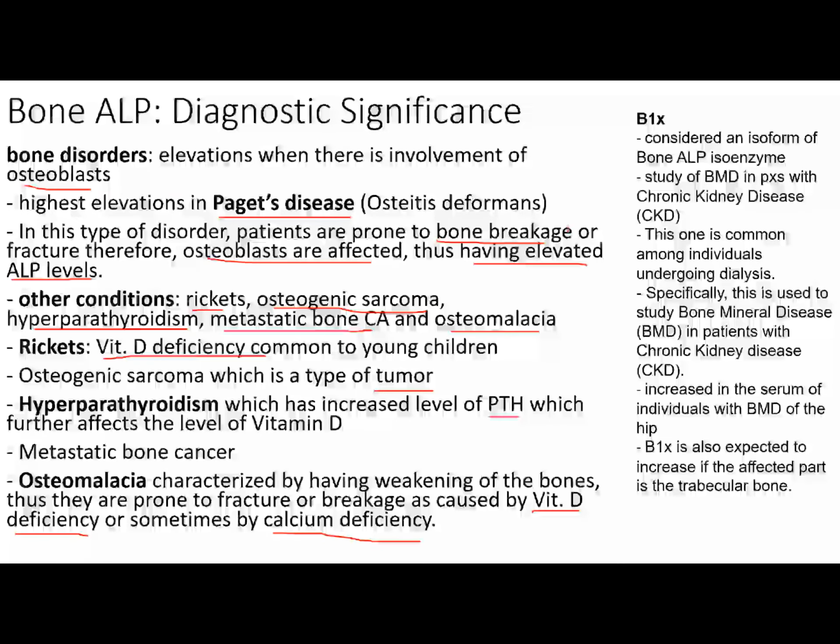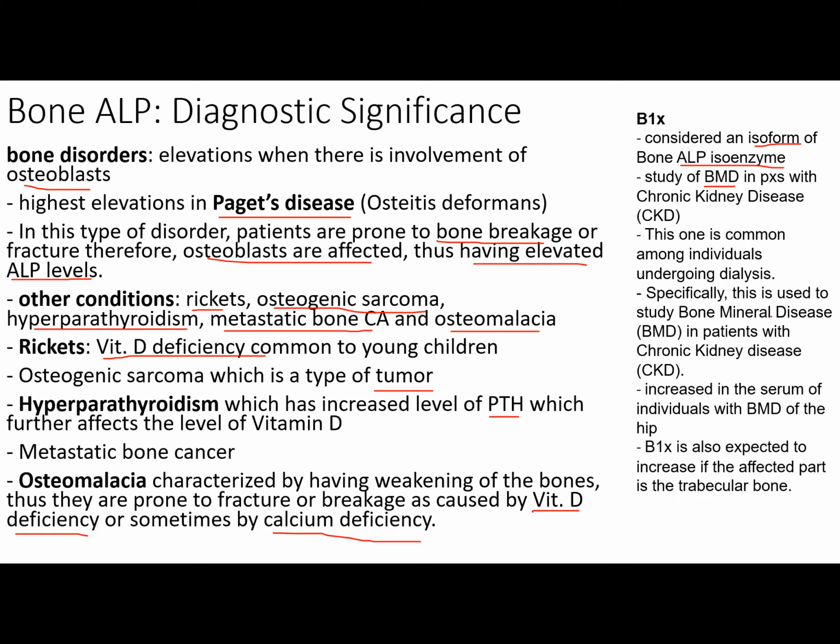Then, under bone ALP, class, we have an isoenzyme, the B1X. Now, B1X, class, is an isoform of a bone ALP isoenzyme. Now, it's usually related, class, to bone mineral disease. BMD here stands for bone mineral disease in patients with chronic kidney disease. This one is common among individuals undergoing dialysis.